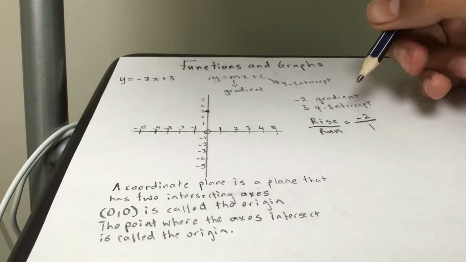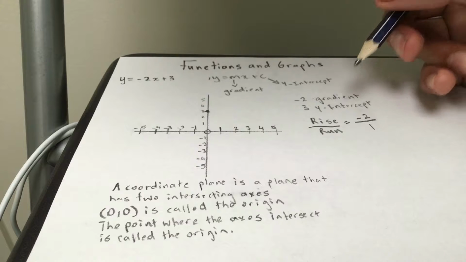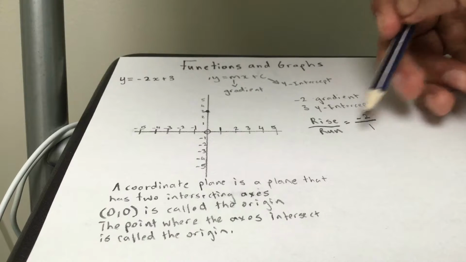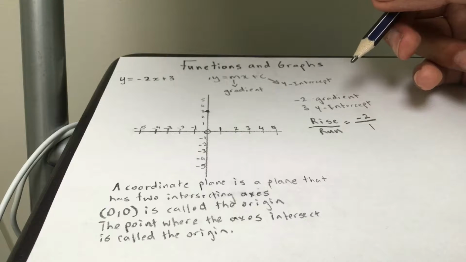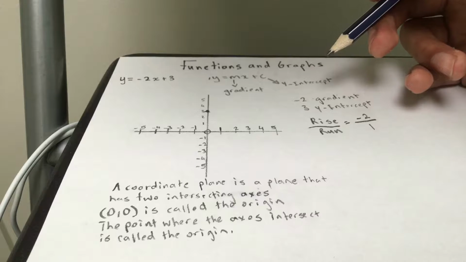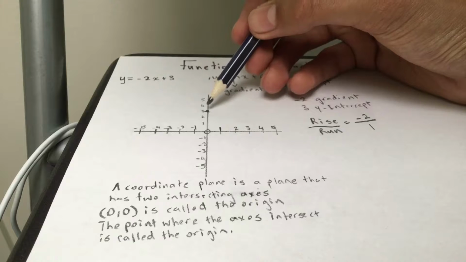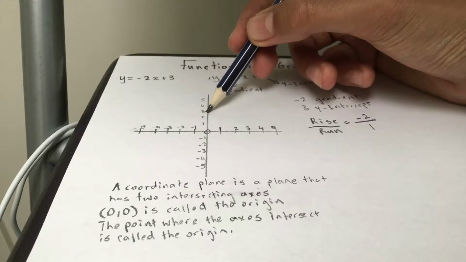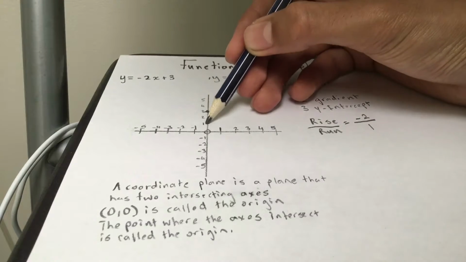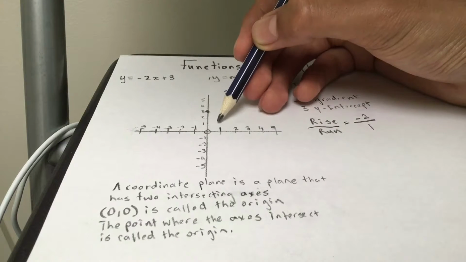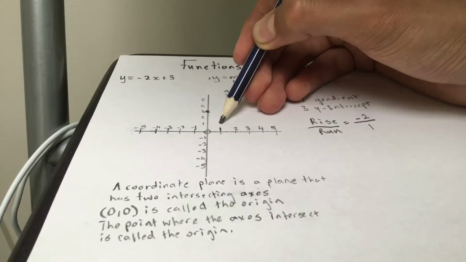So it's basically saying we have to rise minus 2 and run 1. So we start from the y-intercept, and then we go down 1, 2, and then we run 1. So this is our next point.